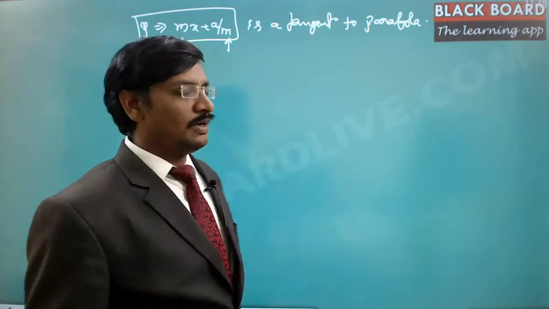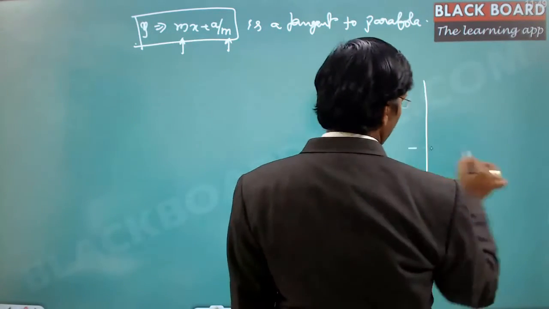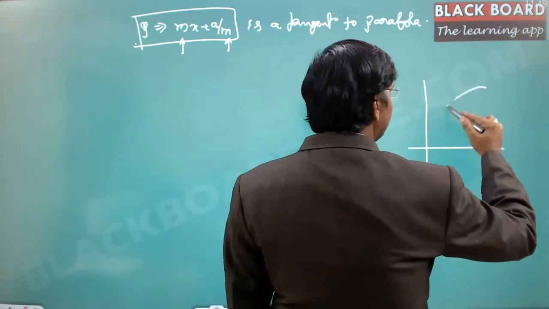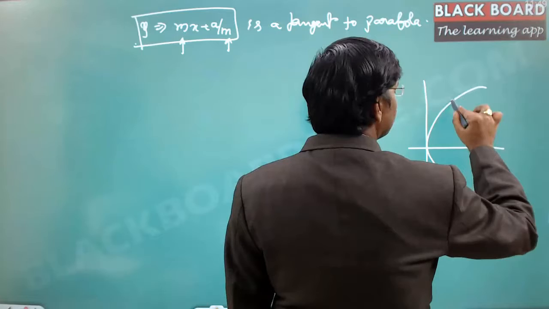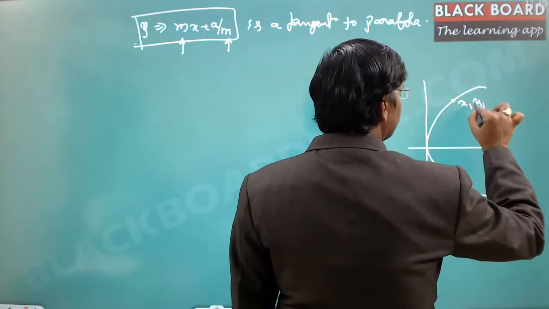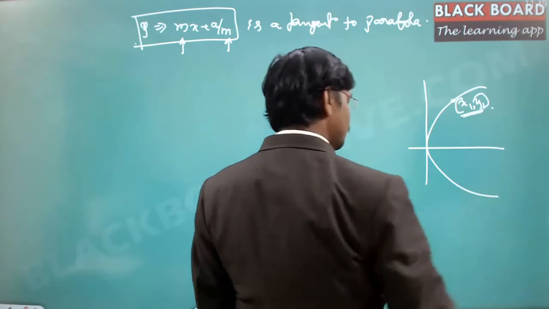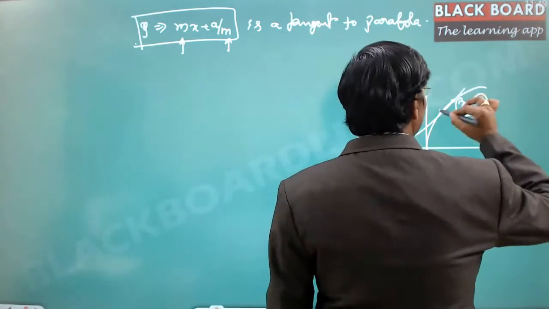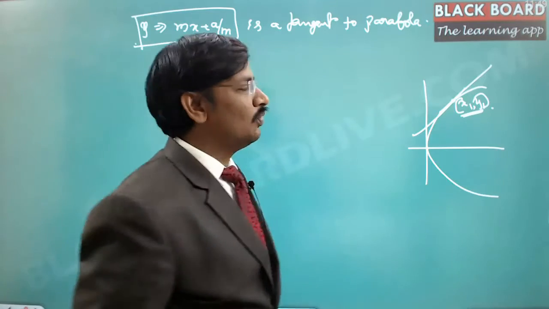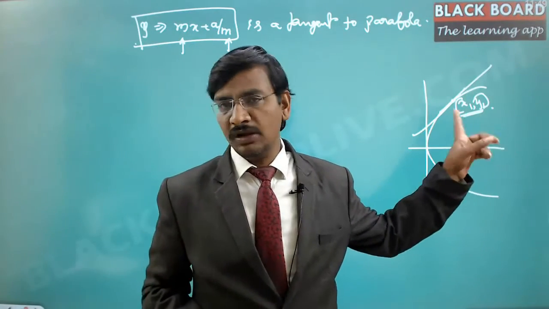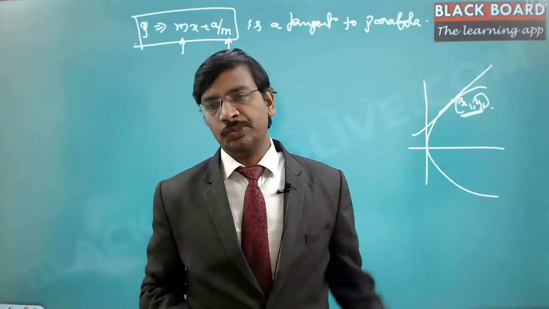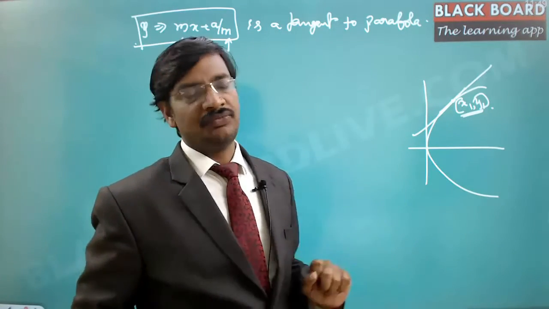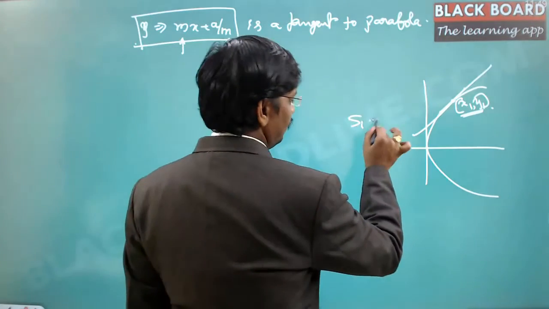Now we take another case. I don't know the slope, but I want to identify the equation of the tangent at one particular point. Let us say this is the point x1 y1. So x1 y1 is the point where I want to identify the equation of the tangent. Just knowing a single point will not give the information about the slope, but you will be able to identify the tangent equation by just putting S1 equal to 0.